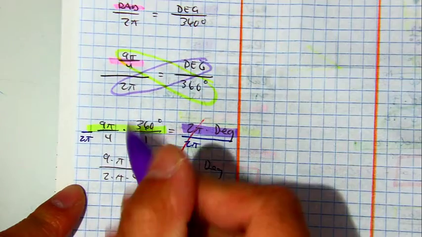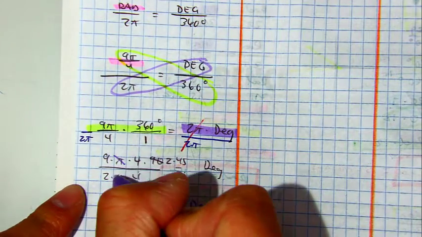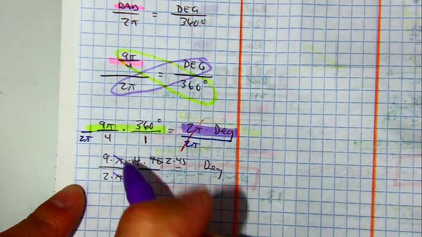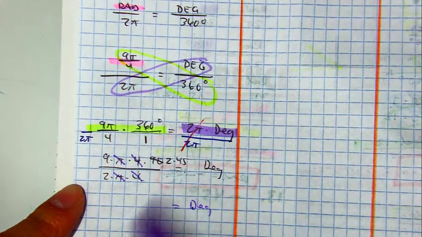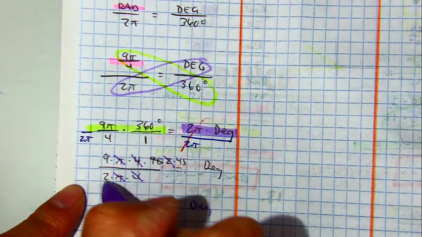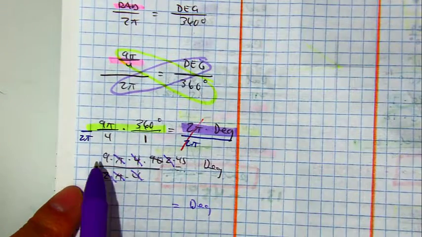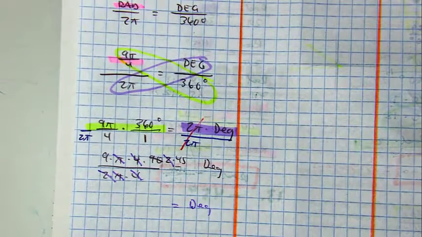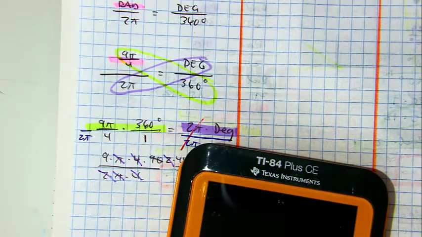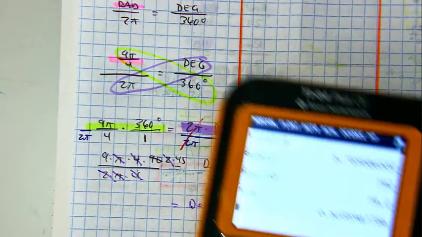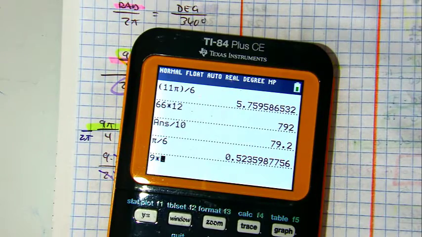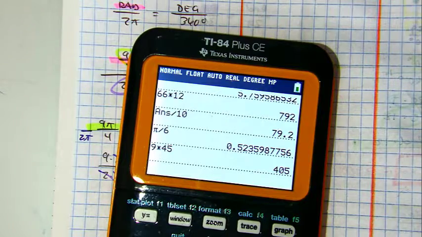So I'm going to cancel my pi's, cancel my 4's, and cancel my 2's. Then you can multiply 9 times 45 in your calculator, and you get 405.